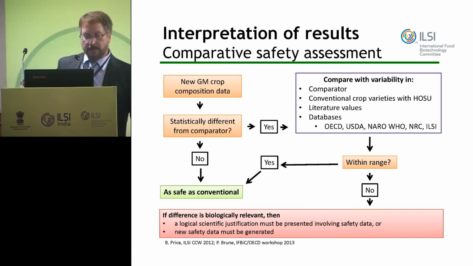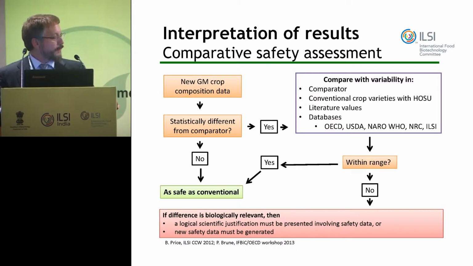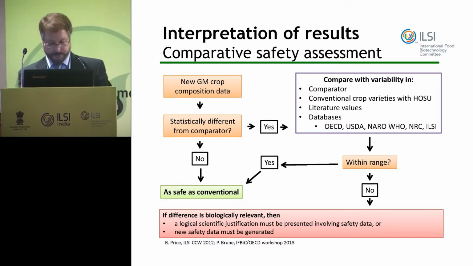If the new value is within the range of one of the above, we can say it's as safe as conventional. But if it's not, we first have to ask if that difference is biologically relevant. If it is, a valid explanation has to be given, or you go back and generate new safety data, and if that doesn't work, that event is not going to be approved.